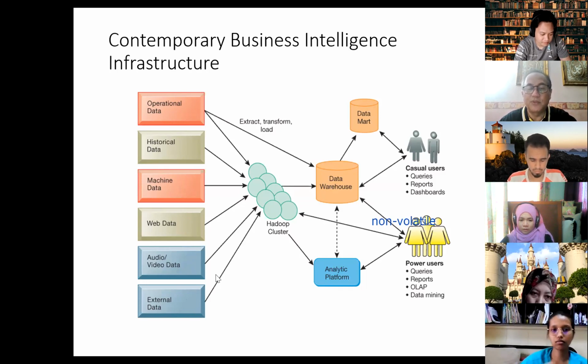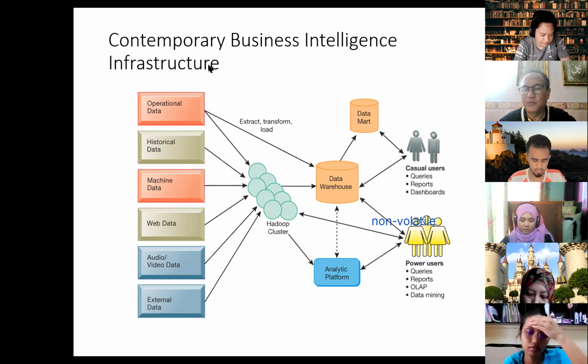All these move into your Hadoop cluster. Some of your operational data can also go to the Hadoop cluster, which is meant for big data analytics. Then we have ETL, extract, transform, and load, into the data warehouse. It can be broken into several data marts.